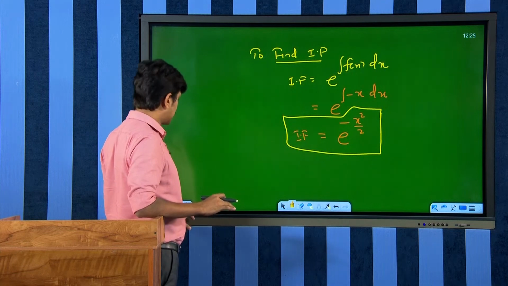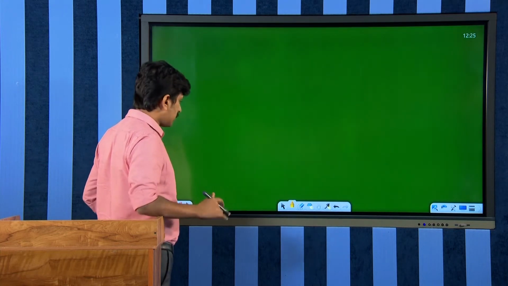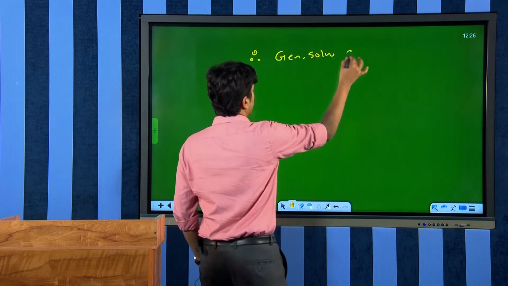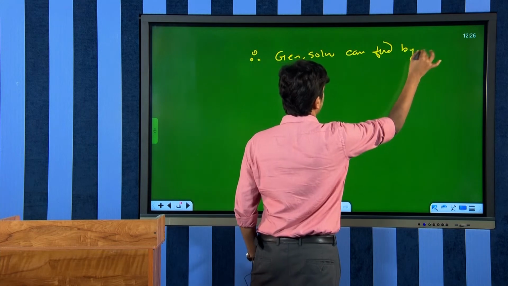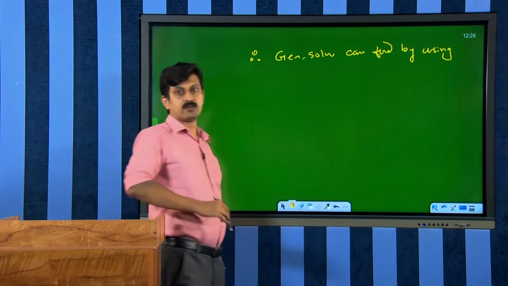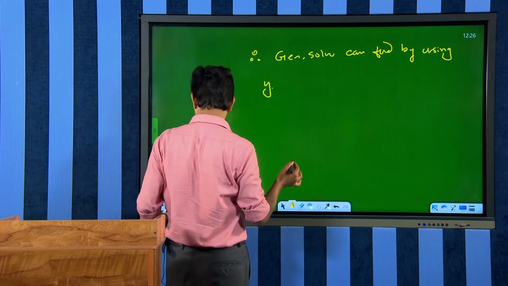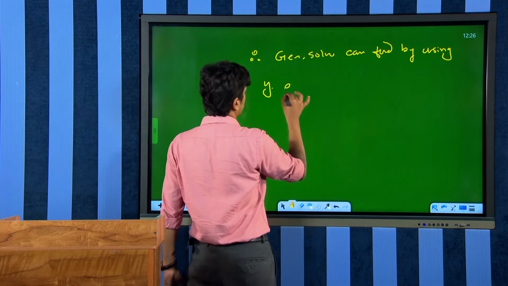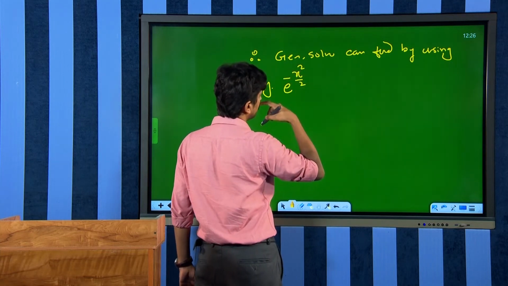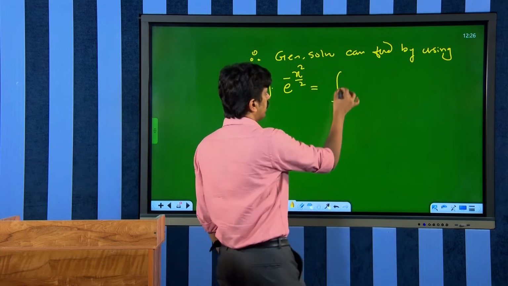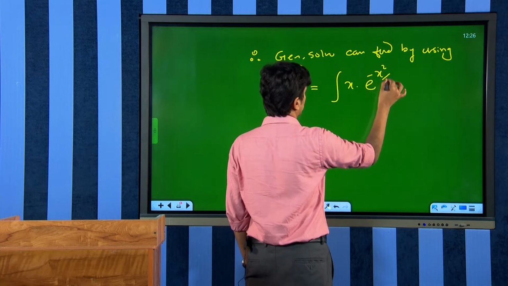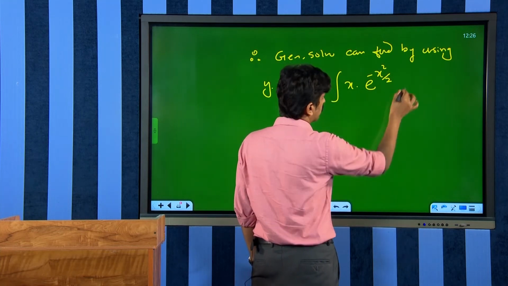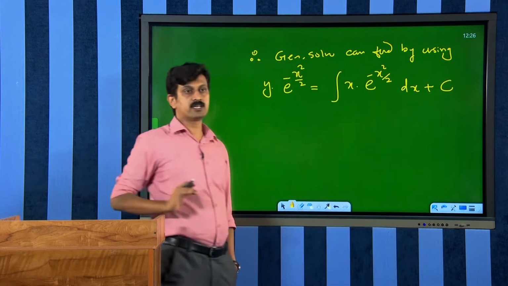Therefore, we can find the general solution by using y into the integrating factor, e raised to minus x square by 2, is equal to the integral of r of x into e raised to minus x square by 2 plus x square by 2 dx, plus the constant of integration c.